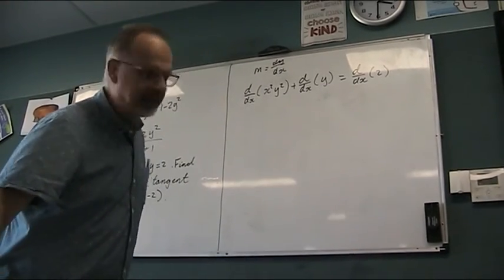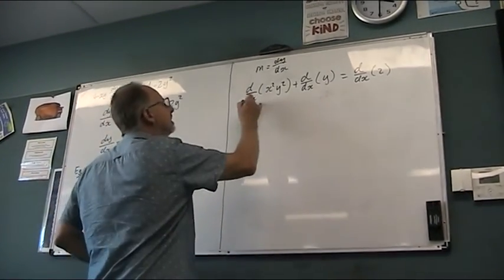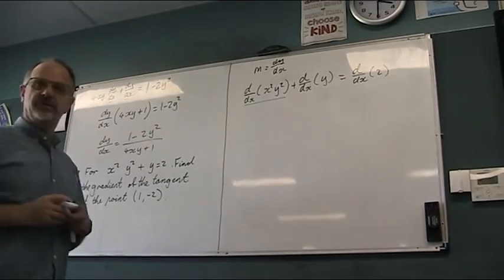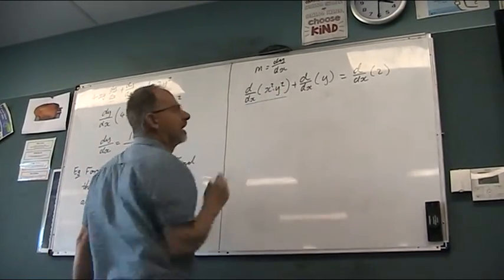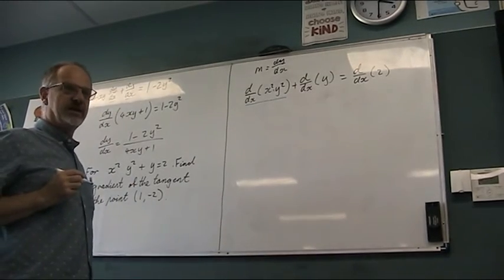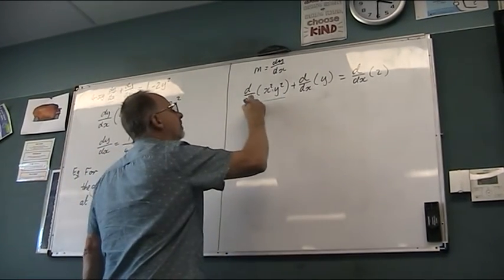Alright, so again, with this first term, we've got the same sort of thing as we had in the previous one. We've got two things that are multiplied together, so we need to use our product rule on that.